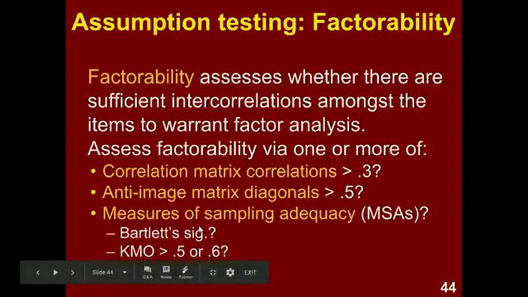So if you get a significant Bartlett's test or a KMO above 0.5 or 0.6, that shows that it's factorable. You don't need to do all of those, just one of them is enough evidence that it's worth proceeding.